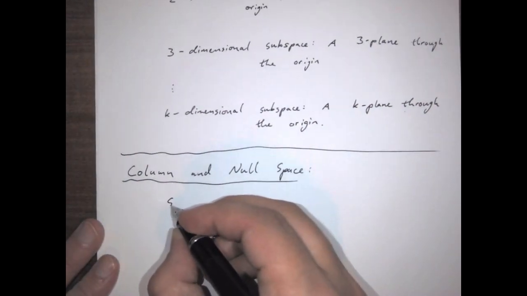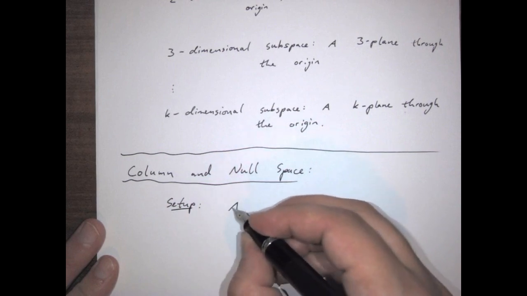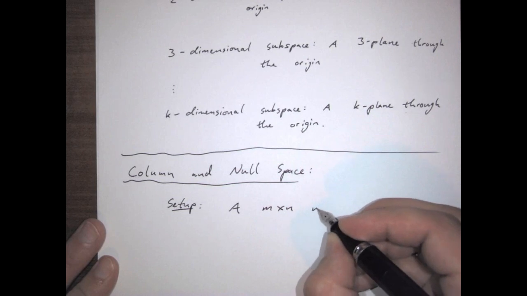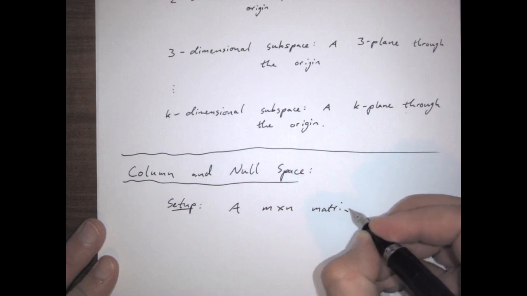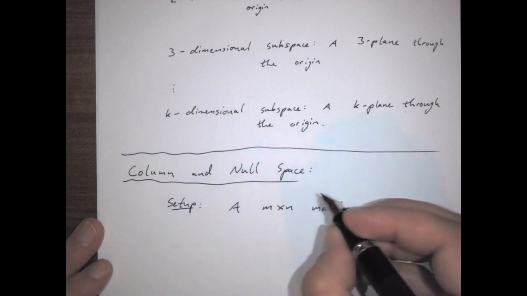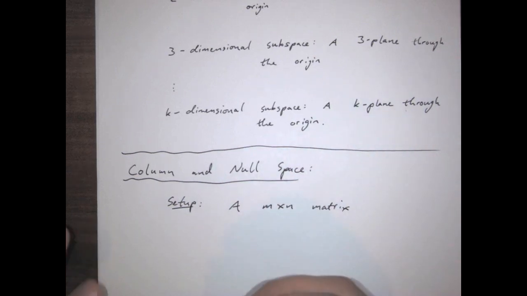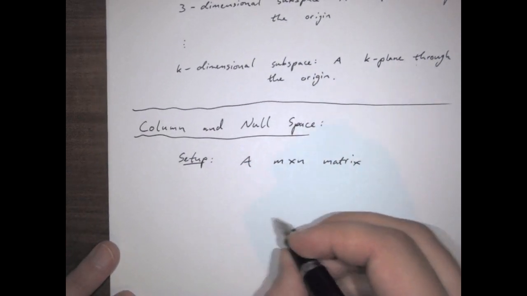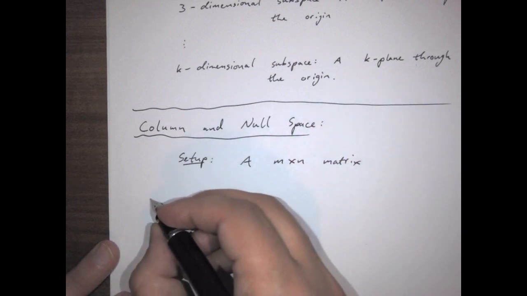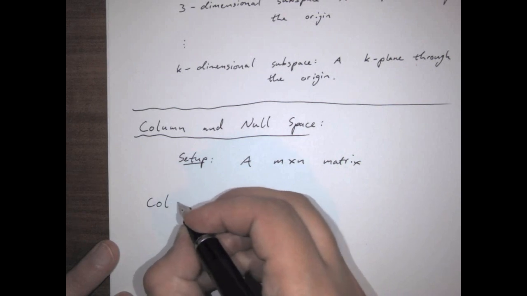So the setup here is we're going to be dealing with a matrix, and A is just going to be an m by n matrix. And with this matrix we're going to have associated two subspaces of Rm on the one hand and Rn on the other. So then there is what is called column space.